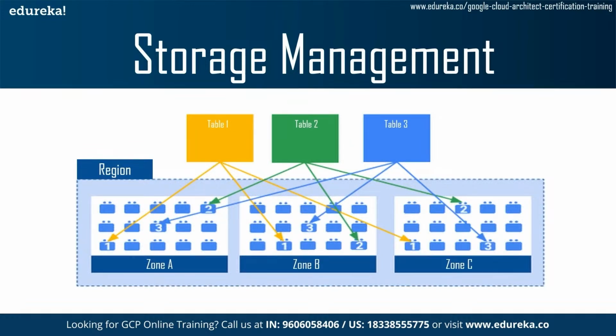Colossus ensures durability using erasure encoding to store redundant chunks of data on multiple physical disks. Now this is all accomplished without impacting the computing power available for your query. Now separating storage from compute allows you to scale to petabytes in storage seamlessly without requiring additional expensive compute resources.